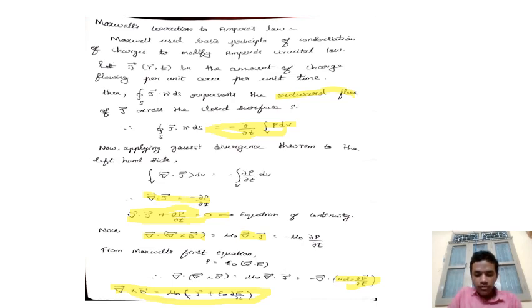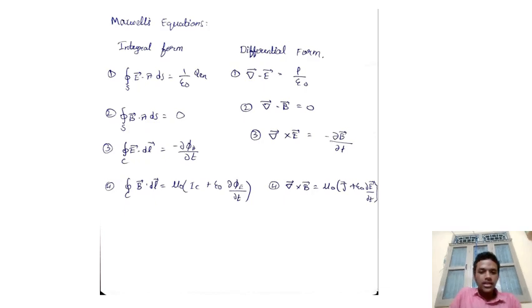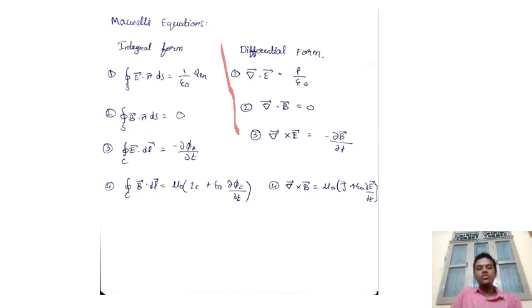The dimensions of epsilon naught dou E by dou t are the same as those of the current density J, so this is known as the displacement current density. Then Maxwell's equations can be written as follows. These are the equations in any region.